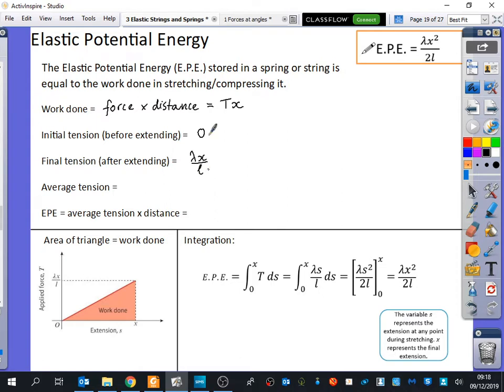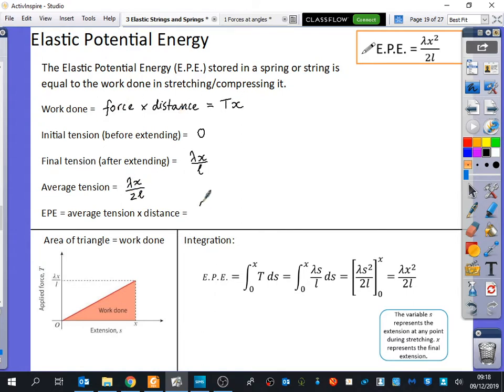So the average tension that it has, because we know that the tension will increase linearly because of the way that we've looked at Hooke's law, what would the average tension be over the course of that extension? What's the average of these? Lambda x over 2L. So the average tension is lambda x over 2L. The work done, the force times the distance, is the tension times x.